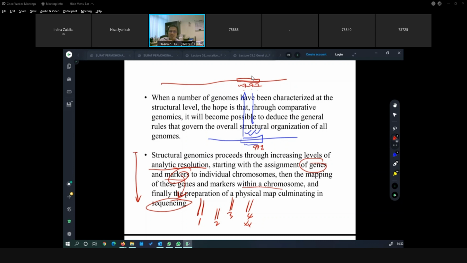If we have a mutant Drosophila that produces white eye color, for example, then we analyze the chromosome. We found out that actually the difference between white-eyed Drosophila and red-eyed Drosophila is a difference at this area of the chromosome. So you know that the gene affecting the eye color of Drosophila is in chromosome 1.